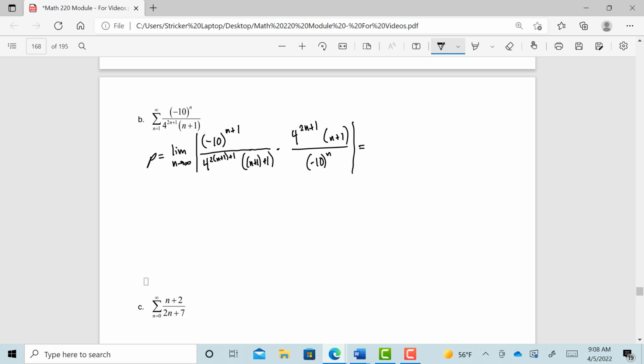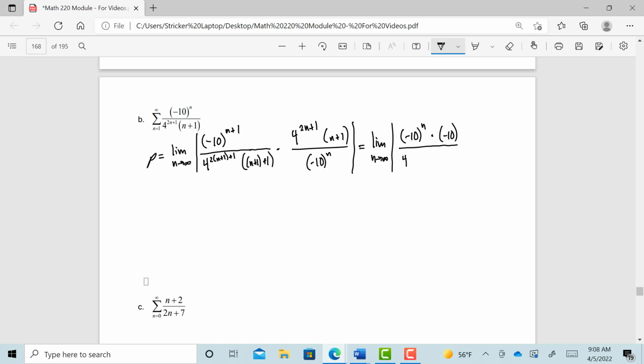And so we have, using the product rule, negative 10 to the n times negative 10 in the numerator. And then in the denominator, we're going to have 4.